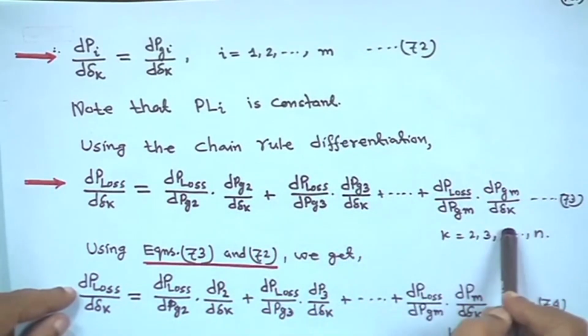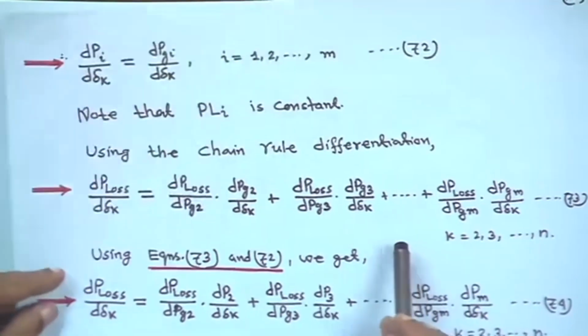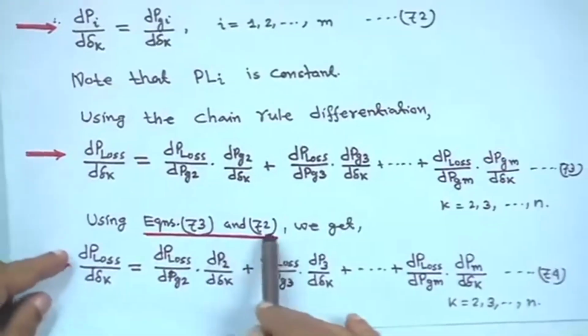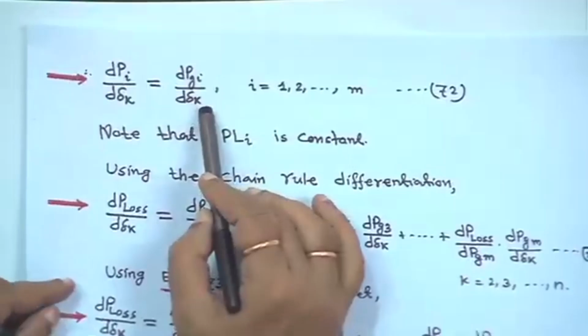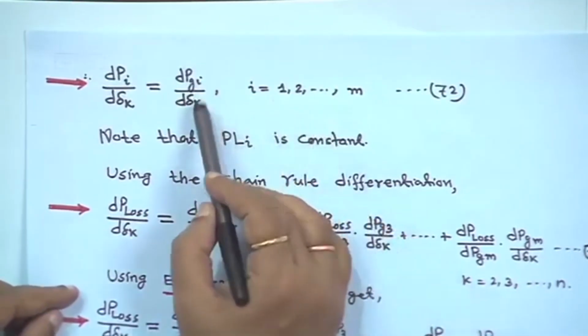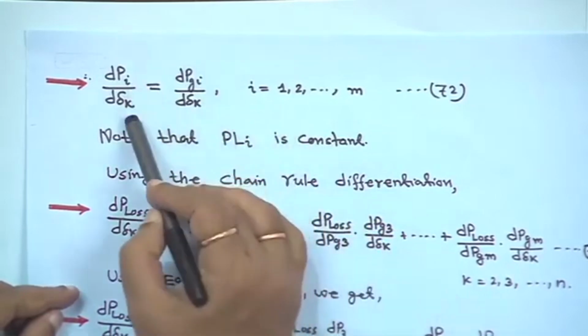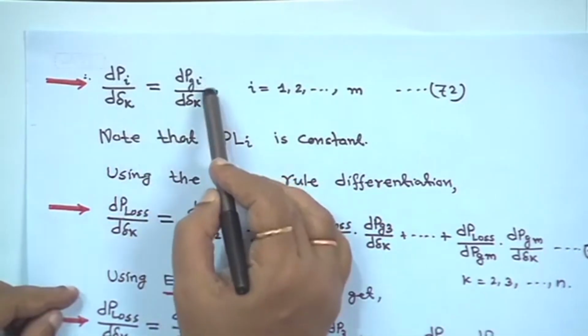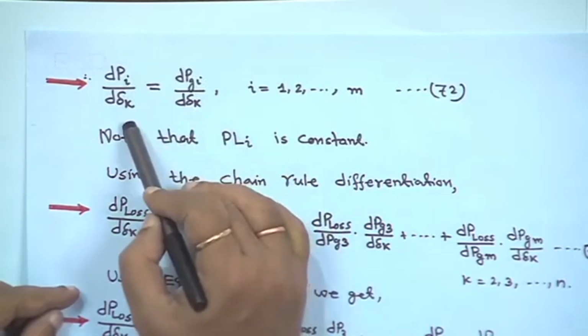Taking the derivative of that, in equation 73 in general, dPg2 upon d delta k is equal to dP2 upon d delta k, and dPg3 upon d delta k is equal to dP3 upon d delta k.